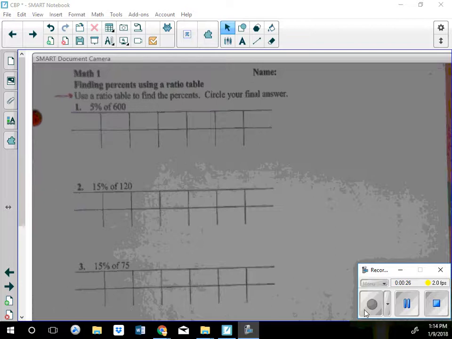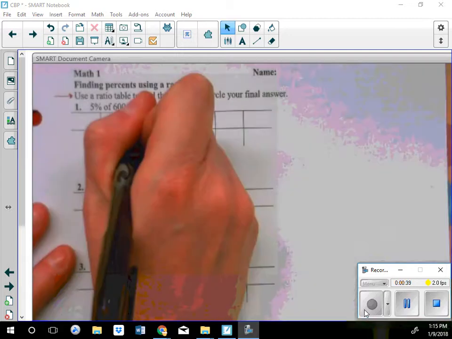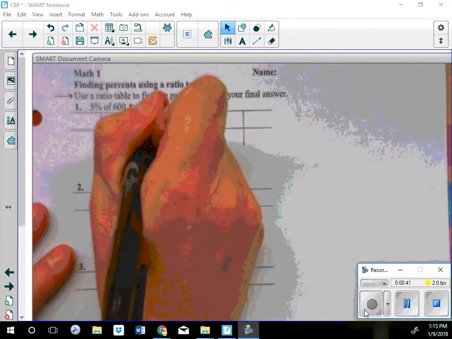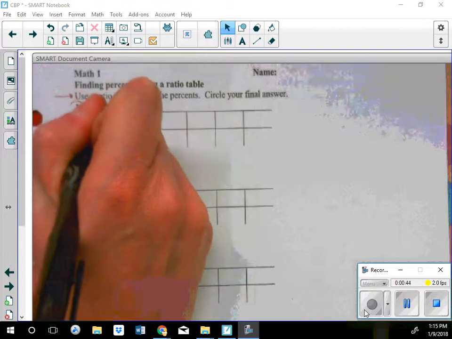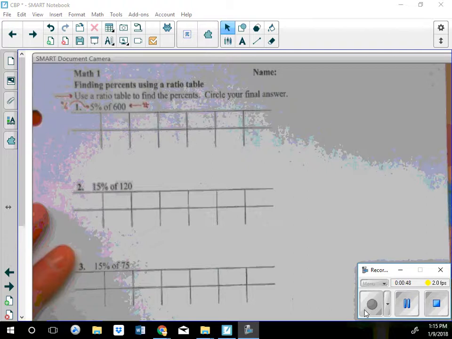Now I told you before, but I think the hardest part of using a ratio table is setting it up. So in this instance, I know that I am dealing with a number, which is 600, and a percent, which is 5. So those are the two things I'm going to compare.